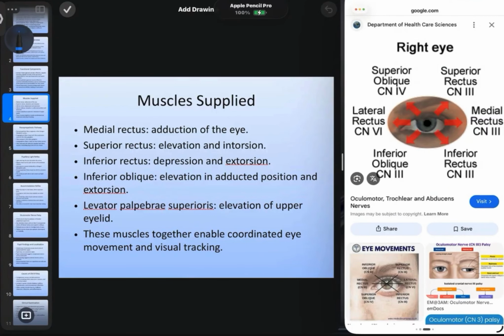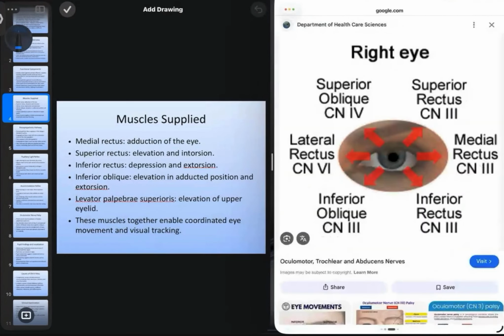All right. So you can clearly see that this is your eye, and these are the muscles that are all innervated by the oculomotor nerve. You can see the function of each muscle. Medial rectus you can see on the right side of the screen, and this is for adduction of the eye. That means moving the eye close to the nose. Yeah, no, I think it is for moving the eye away from the nose. Superior rectus is present right here.